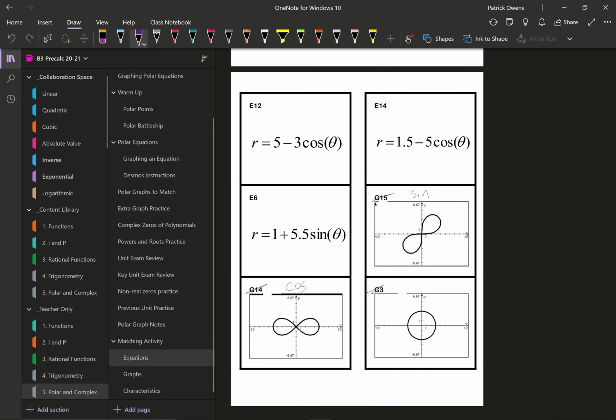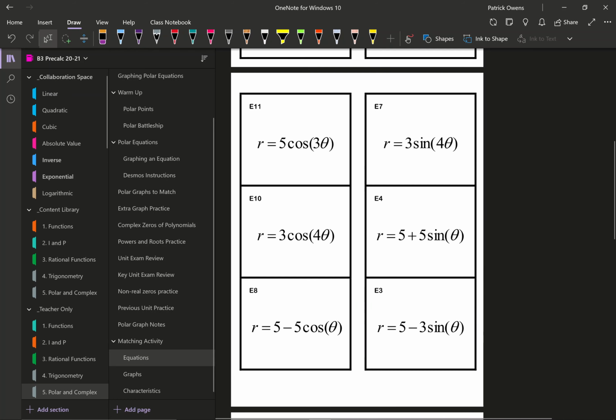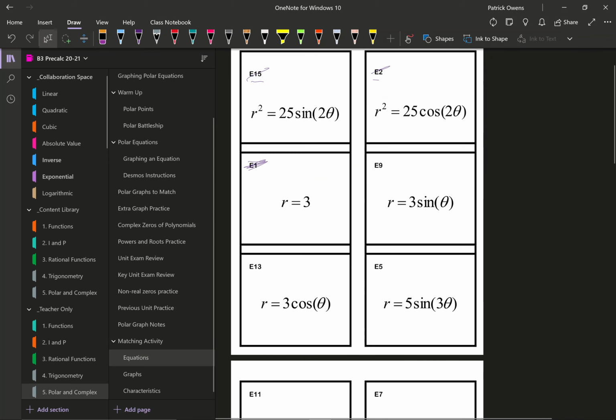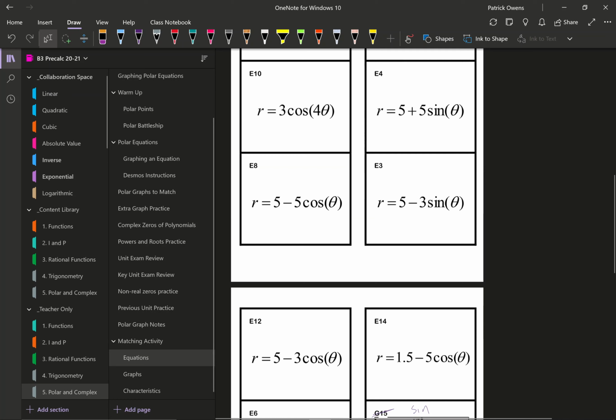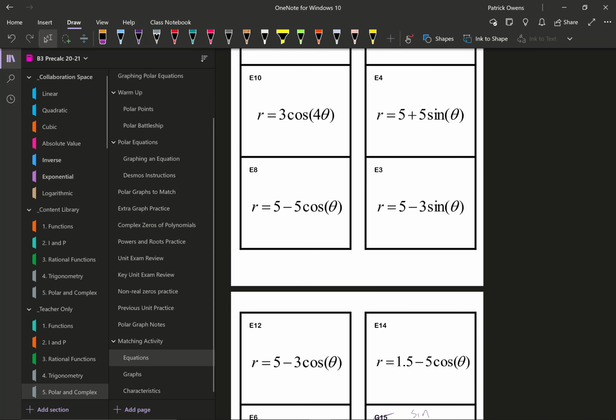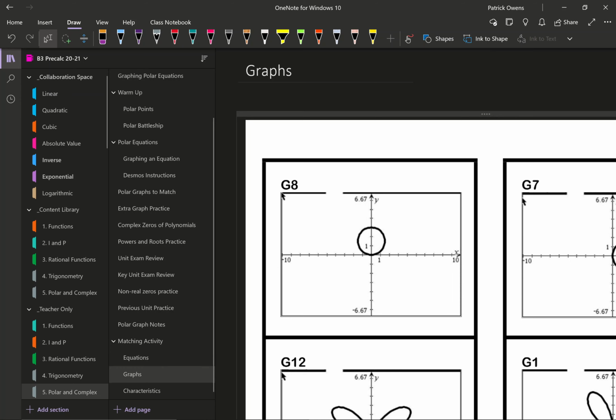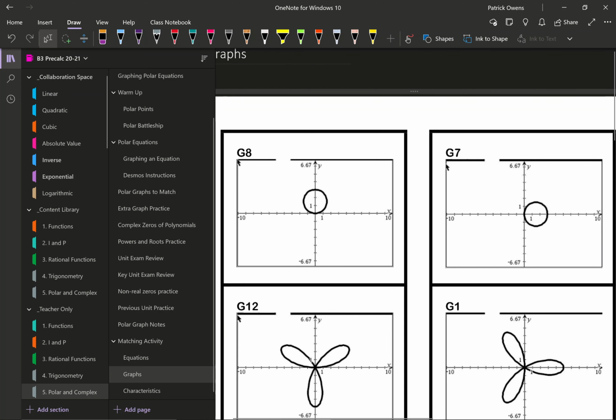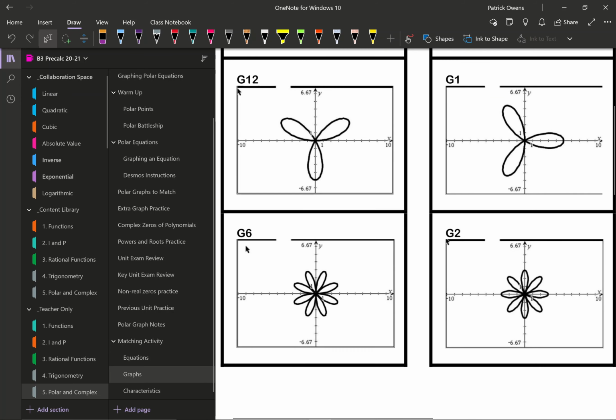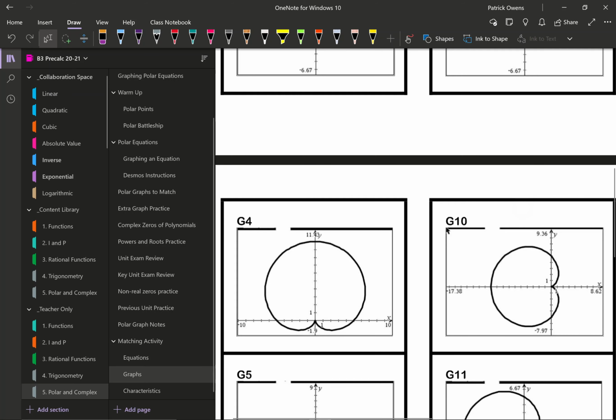All right, let's find our equation E3. So we have 5 minus 3 sine of theta. We are looking for something that's symmetric about the y-axis, and 5 minus 3 is going to be a limacon.